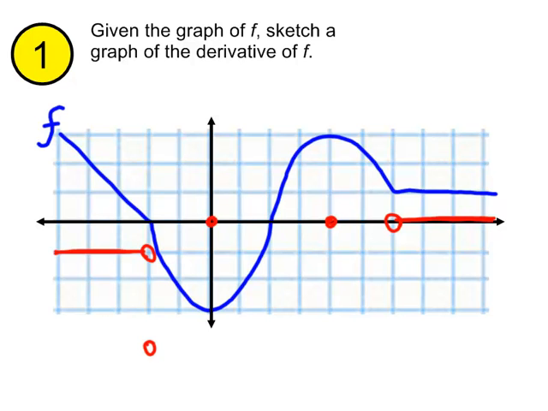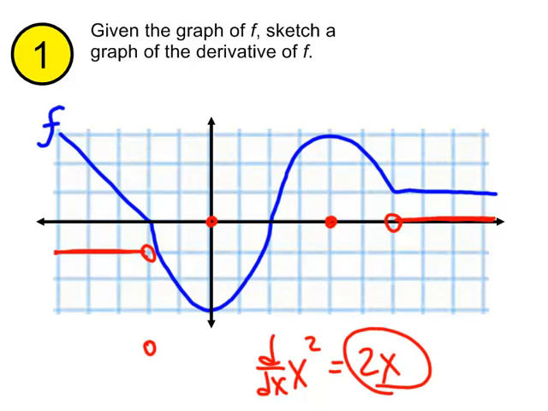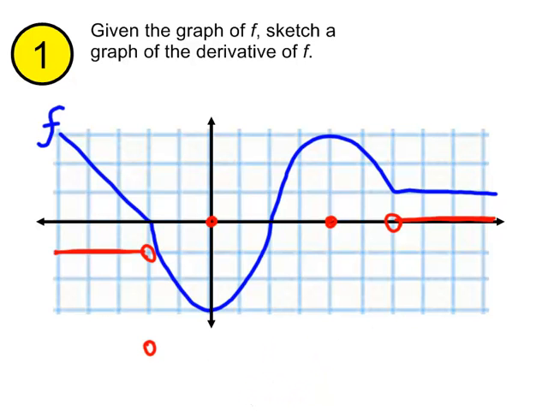So I'm picking up down here at negative 4, and if we are assuming that this is a parabola, we know that when we derive parabolic or quadratic expressions, we get linear expressions. So that tells us that the derivative curve should be linear along that roughly quadratic section.